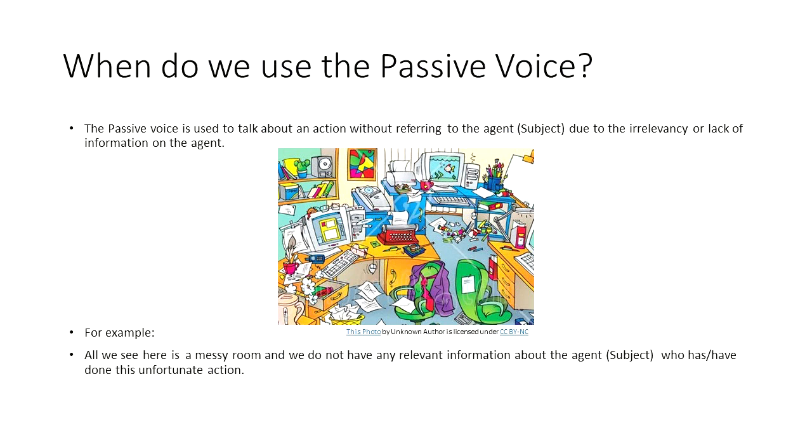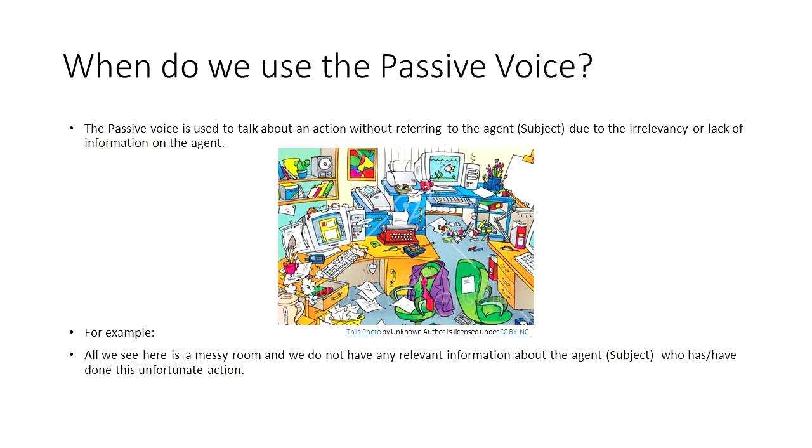And now, to make a long story short, we are simply going to answer the following question. When do we use the passive voice? The passive voice is used to talk about an action without referring to the agent or subject due to the irrelevancy or lack of information on the agent.